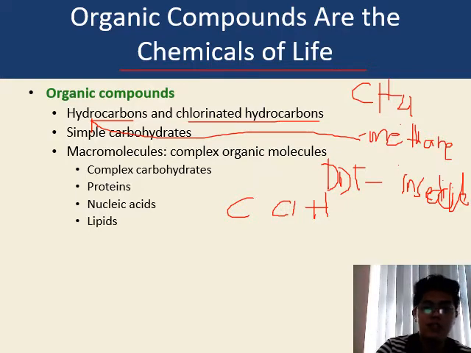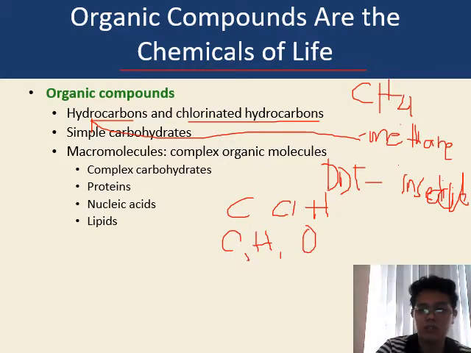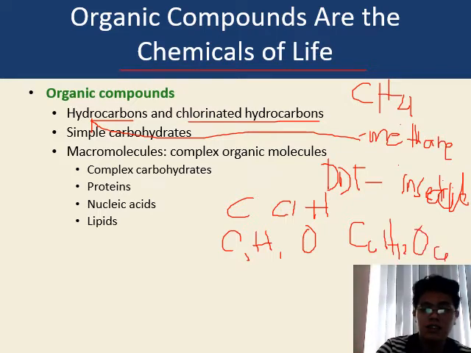So that's the chlorinated hydrocarbons. And we also have simple carbohydrates. A simple carbohydrate is a combination of carbon, hydrogen, and oxygen. Example to that is glucose, or C6H12O6. So C6H12O6 is an example of a simple carbohydrate.